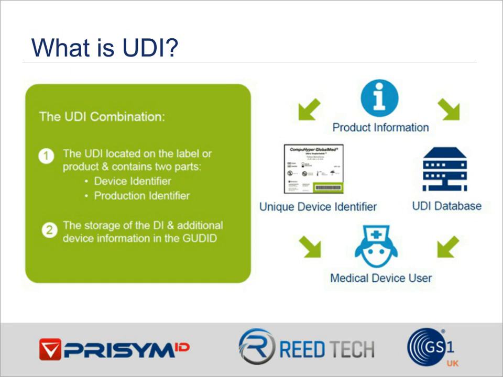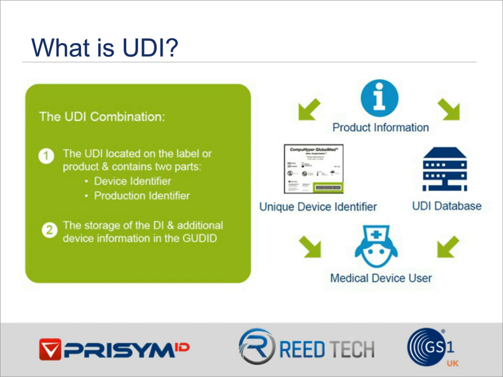And then the Global Unique Device Identification Database captures all this information on every individual medical device product that's manufactured out there. That database is now available to the public, and it's available on the NLM's AccessGUDID website.